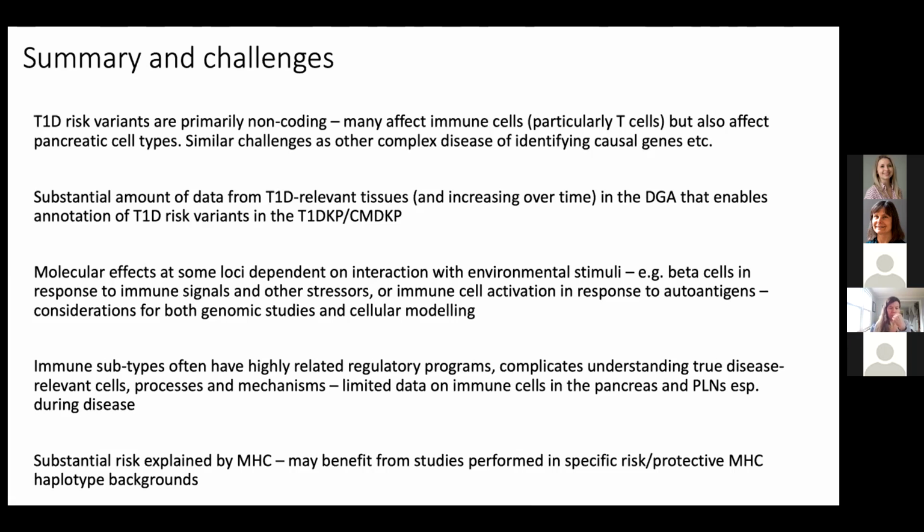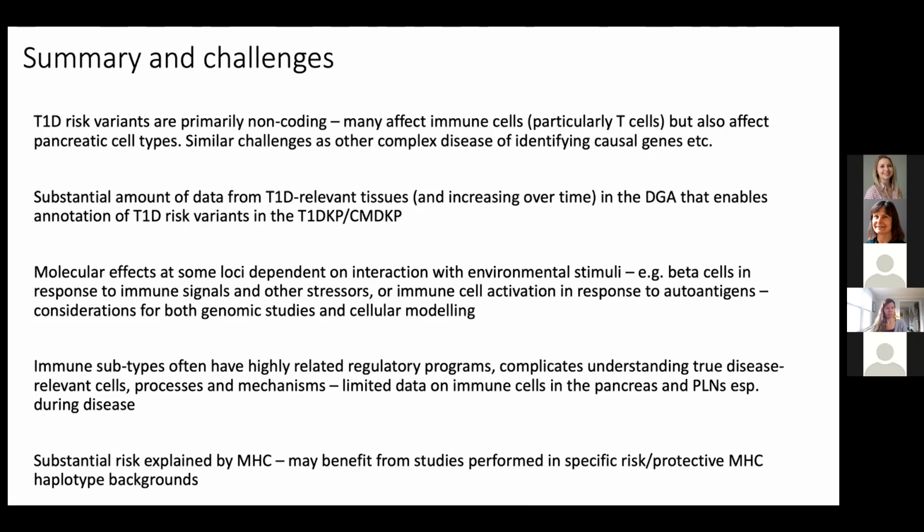So disentangling which subtype of a T cell is relevant can be a bit of a challenge. There's also limited data on immune cells in the pancreas or pancreatic lymph nodes, especially during the disease process. There are some resources generating that, but most of the data that exists from immune cells is from peripheral blood. How related that is to the cells that are actually contributing to disease in the pancreas directly is a bit of an open question.